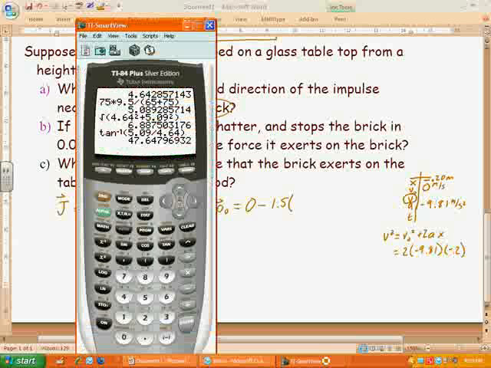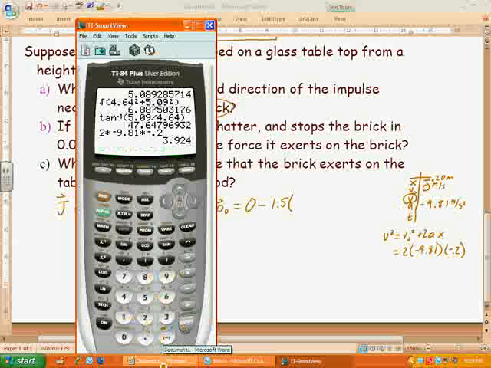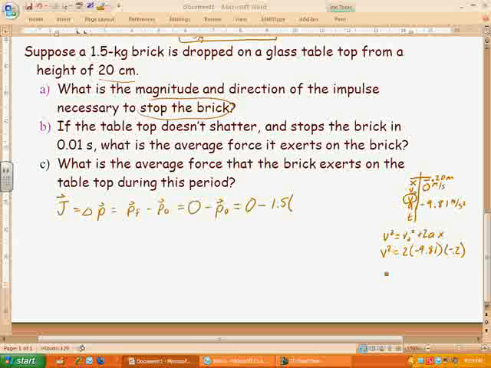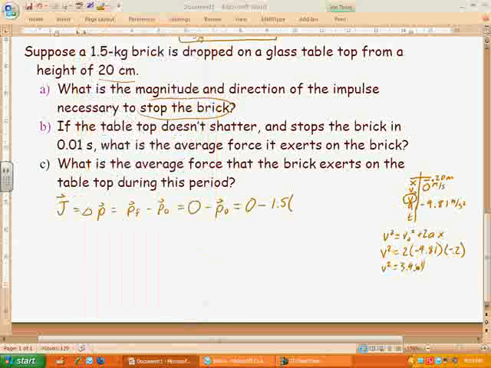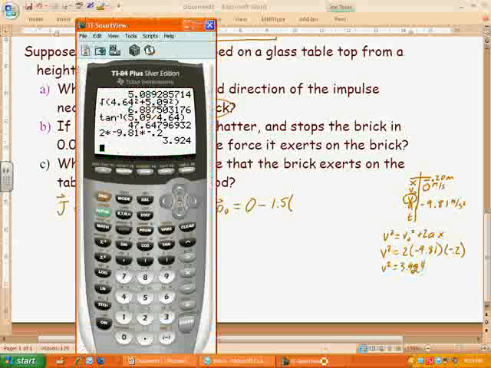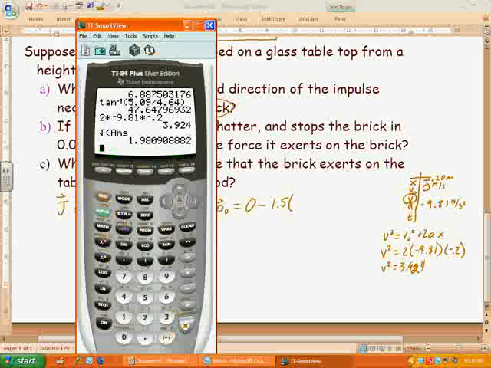So 2 times negative 9.81 times negative 0.2 will be 3.924, which is equal to v squared. Now let's take the square root of the answer, which will be 1.98.